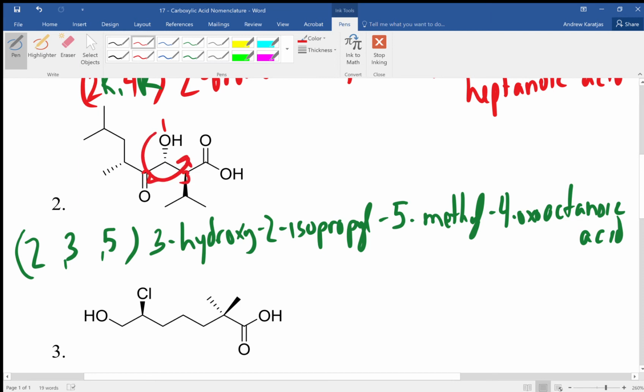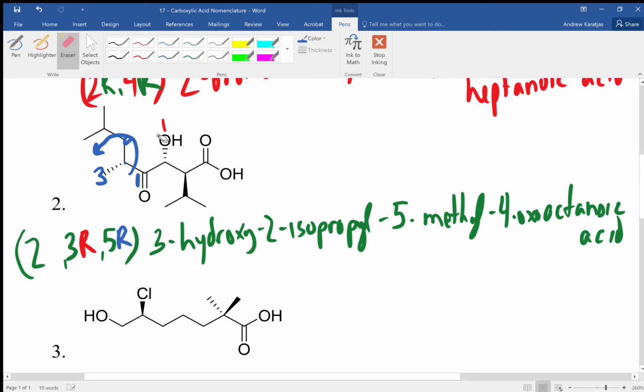We can see our arrow goes counterclockwise, but our low priority group, the hydrogen, points forward, so we take the opposite, so that's 3R. Over here at carbon 5, highest priority group is the carbonyl, second is the rest of the carbon chain, third is the methyl. Arrow goes counterclockwise, again have to take the opposite, is 5R.